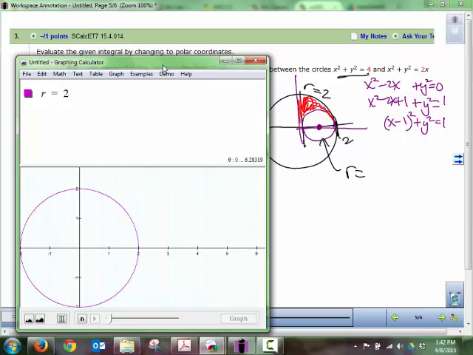When theta is equal to pi over 4, when theta is equal to pi over 2, I want to be at 0. When theta, is that helping? Yeah.